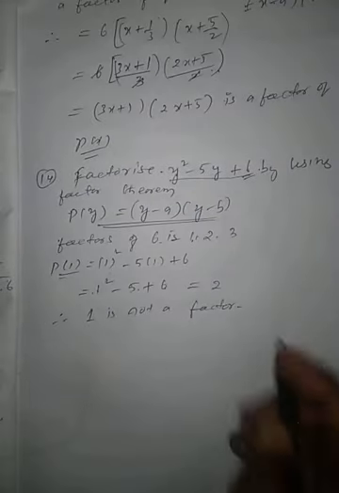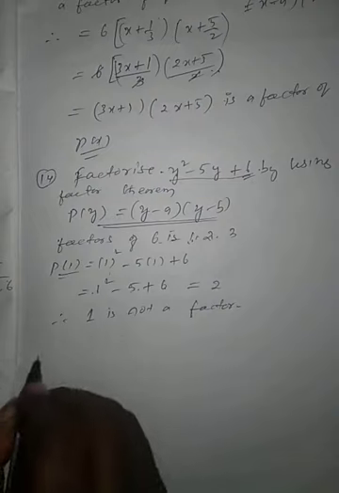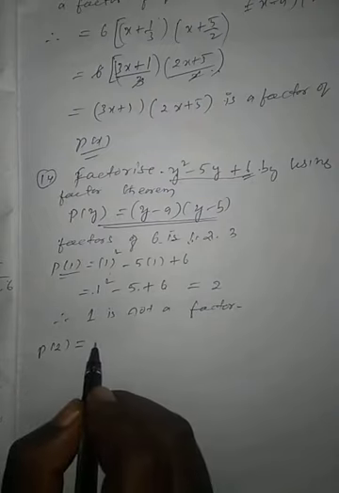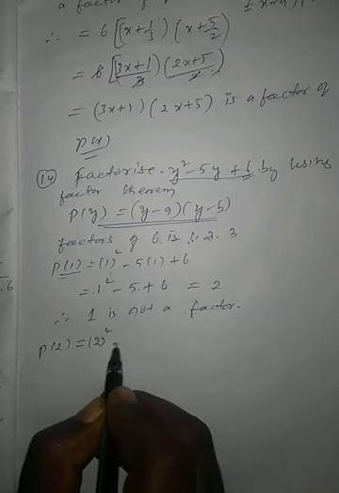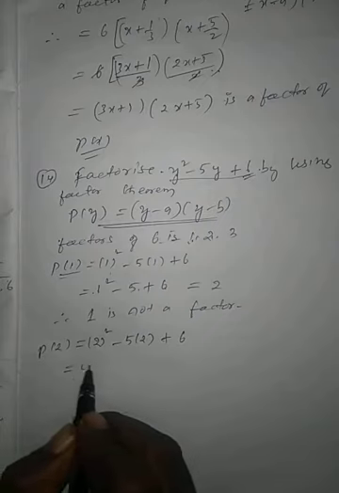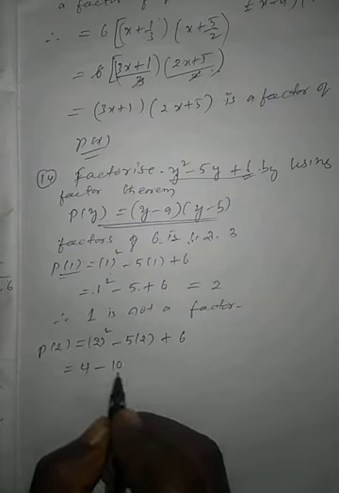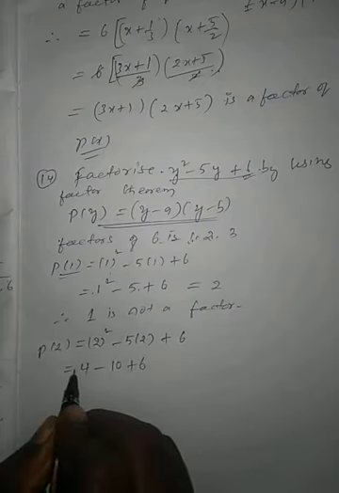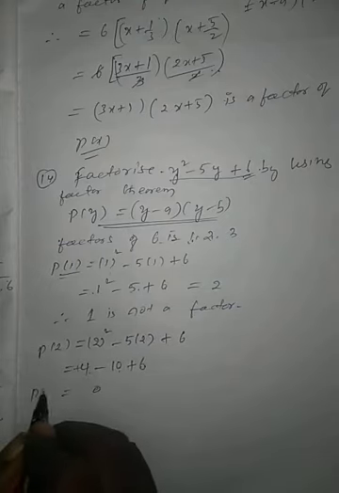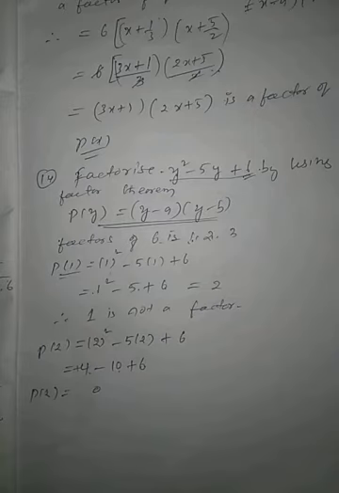Similarly, after 1 comes 2. Let us see p of 2 is equal to 2 squared minus 5 into 2 plus 6. 2 squared means 4, minus 5 2s are 10, plus 6. Here plus 4 and plus 6 is 10, 10 minus 10 is 0. Therefore p of 2 is equal to 0.